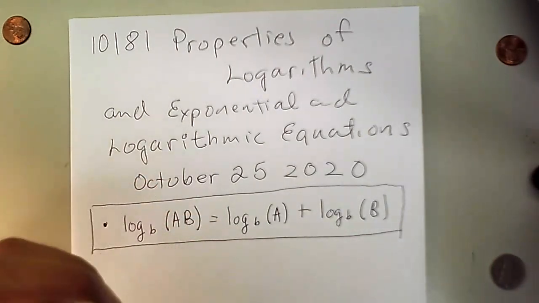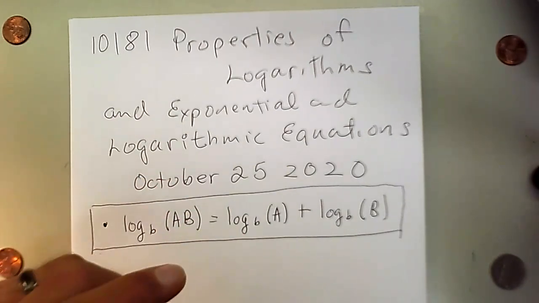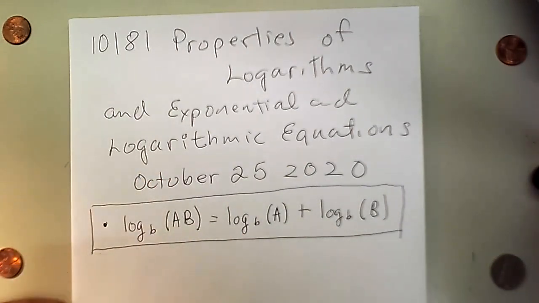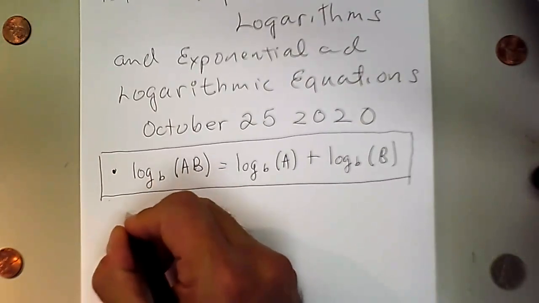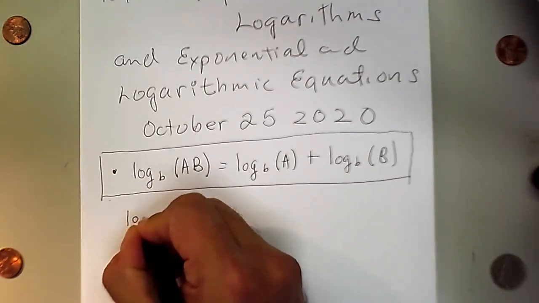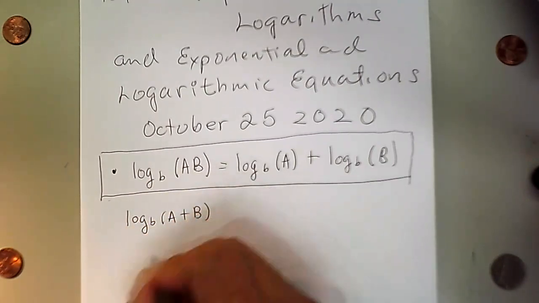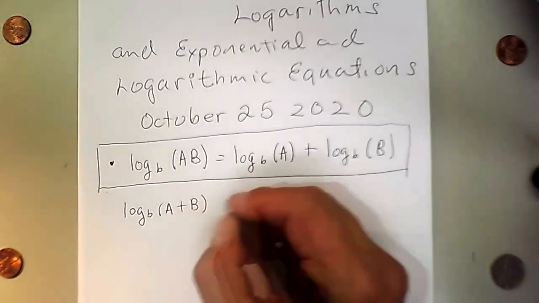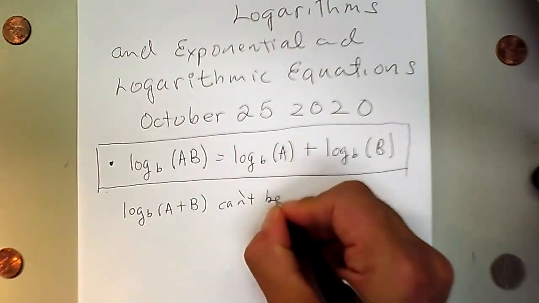Many times, an equation in mathematics tells us what we can do, and beyond that, it tells us what we cannot do. For example, we don't have a property that says what we can do with that. That has no simplifying. Okay, so this can't be simplified.